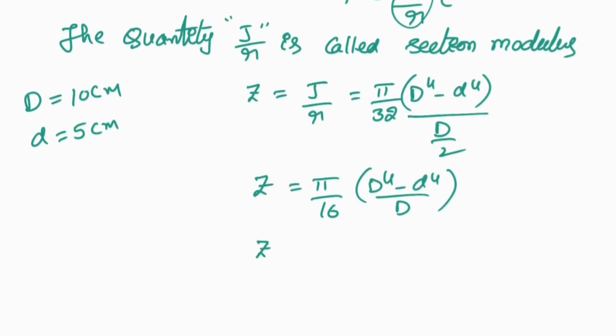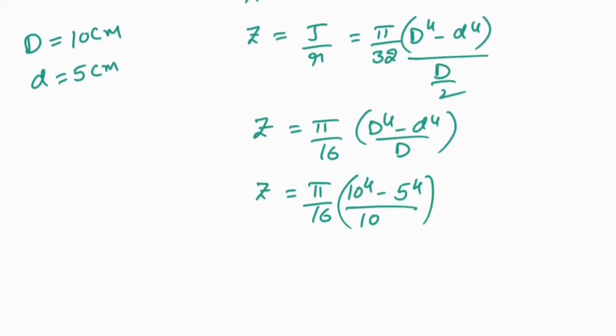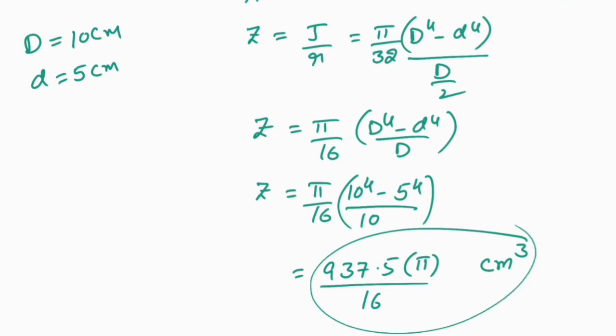So section modulus equal to pi by 16 into 10 power 4 minus 5 power 4 by 10. Simplify this value to get approximately 937.5 into pi divided by 16. The unit is cm power 3. So this is the answer.